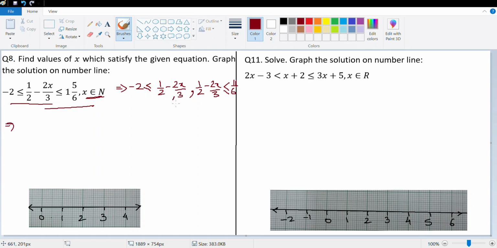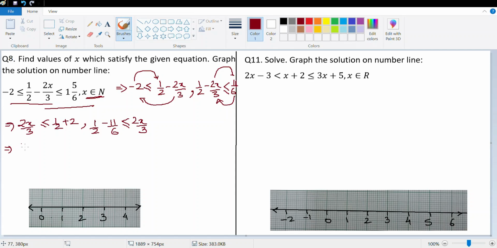Let's take negative 2x upon 3 on this side, because I always prefer to keep the x positive, which means this would become 2x upon 3 is less than equal to half, and I take negative 2 on this side, so it becomes plus 2, and in this I take negative 2x on this side, 11 by 6 on this side, so this is 1 by 2 minus 11 by 6 is less than equal to 2x upon 3.